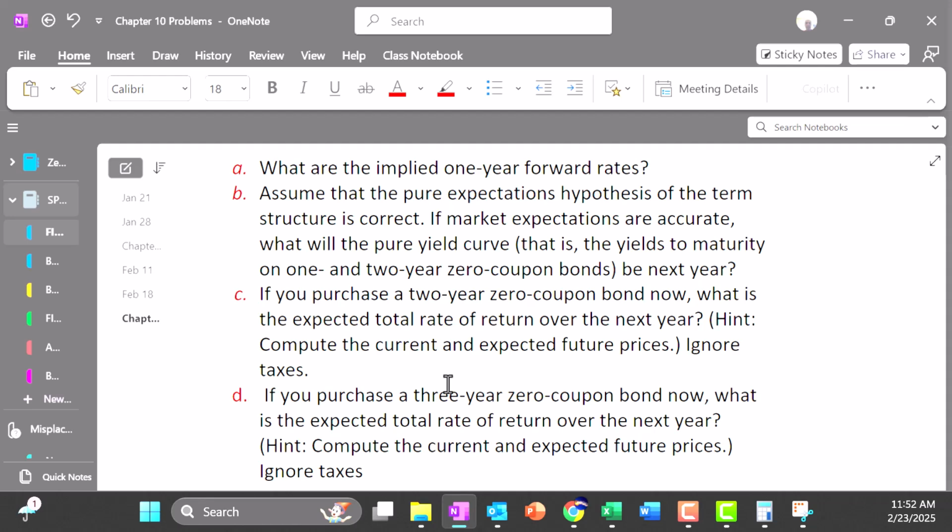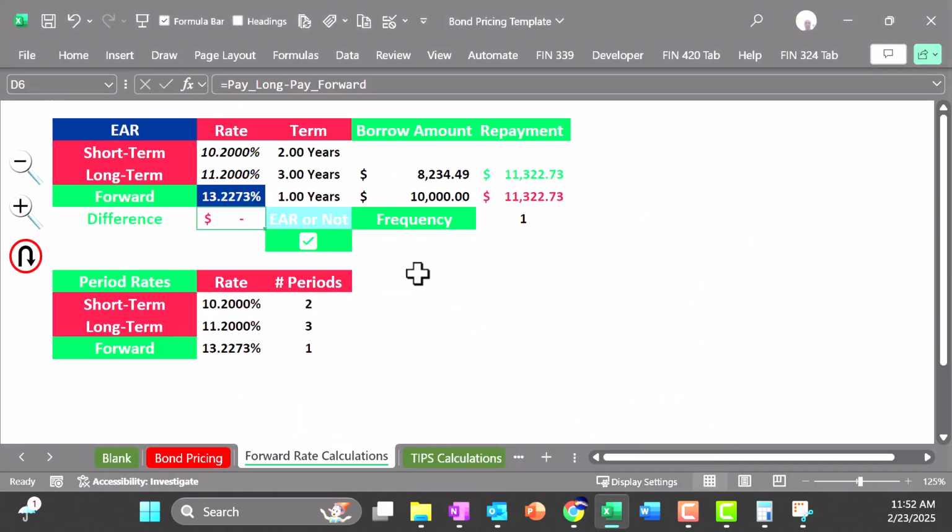Well, let's calculate first the 1 year rate, which we did, but let's redo it. So let's calculate the 1 year rate, 1 year into the future.